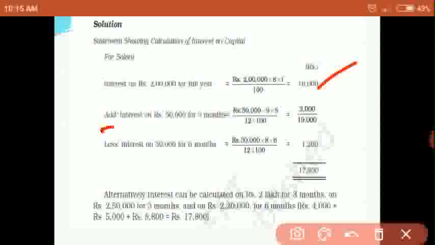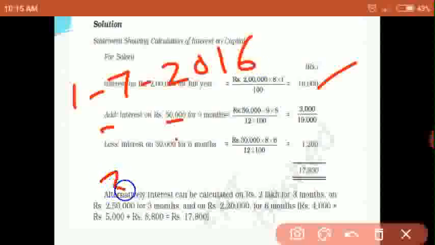Additional capital: Saloni introduced rupees 50,000 on which date? On 1/7/2016. So from 1/7/2016 till the year ending, which will be 31st March 2017, you have to calculate the months.